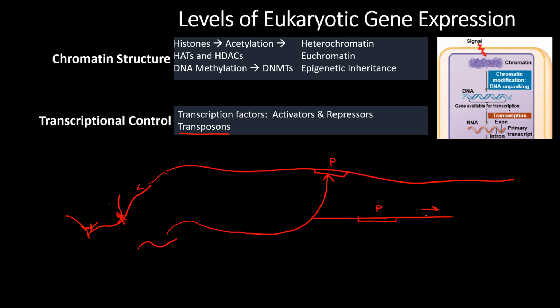so if this is the intact promoter, and the gene's over here, if the transposon inserts itself into the promoter region, you've now broken it, right? So let's call this the transposon, or transposable element, or just TE. It doesn't matter.